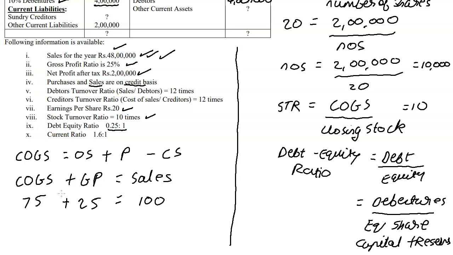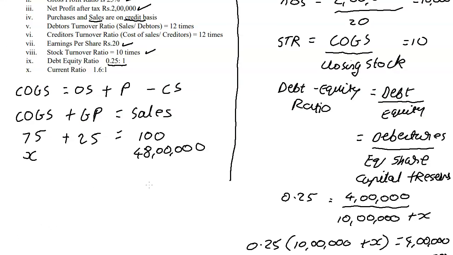Okay, now I have the number for sales, 48 lakhs. So under 100, I'm going to write 48 lakhs. And therefore cost of goods sold is X. And now we can cross multiply and isolate the value of cost of goods sold. So it's going to be 48 lakhs into 75 upon 100.